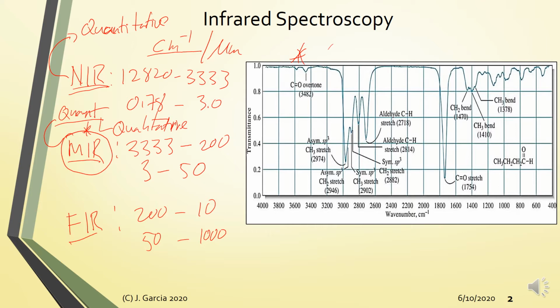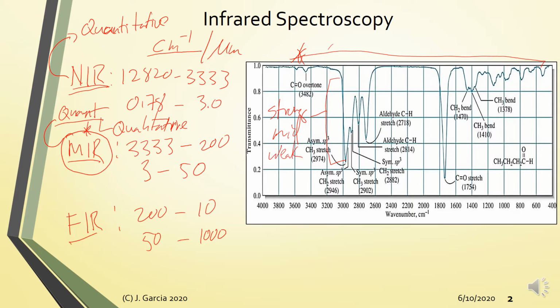This is butanal. Butanal will exhibit this particular set of peaks, and each peak is characterized by its intensity, its strength. Based on intensity, we say strong intensity, mid strength intensity, or weak intensity of the peak.